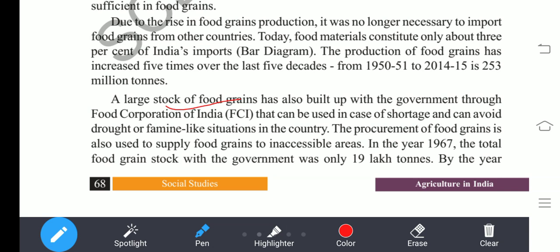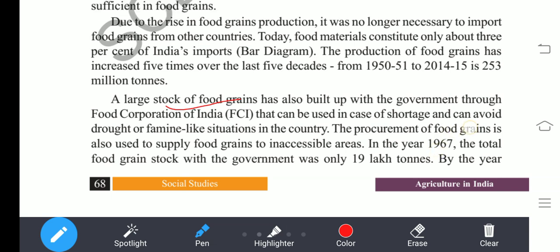So FCI is supporting the storing of food grains, and the procurement of food grains is also used to supply to those areas where people do not have access to them.